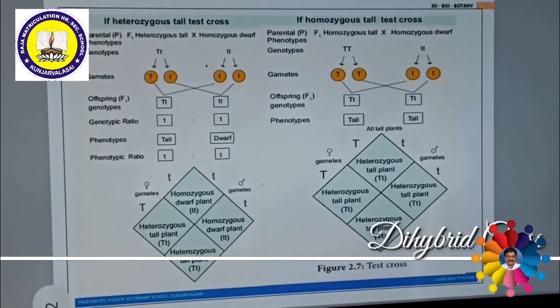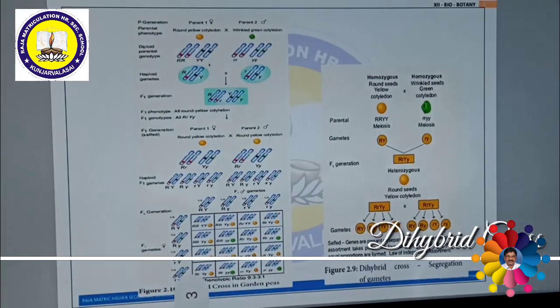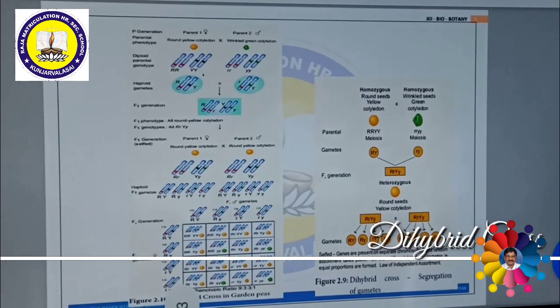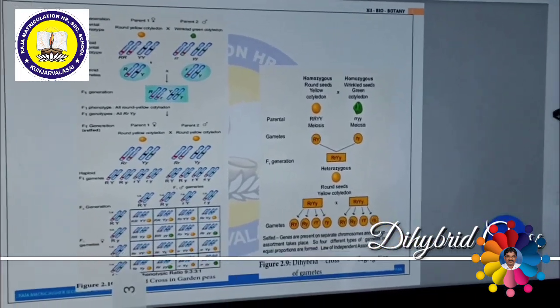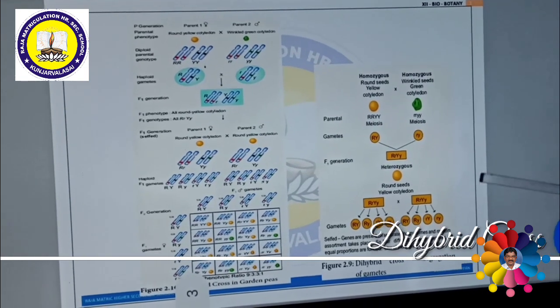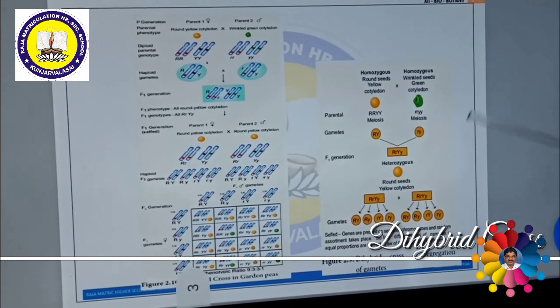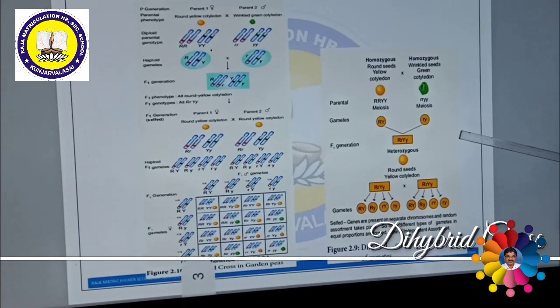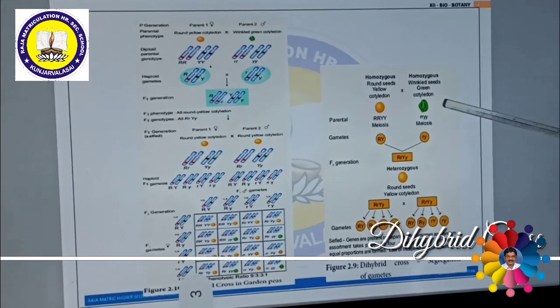Do you understand? Now we shall go to the next category, the dihybrid cross. You might understand the monohybrid cross very clearly. In the monohybrid cross, there was only one character, the height of the plant. Now Mendel crosses two characters, two traits.